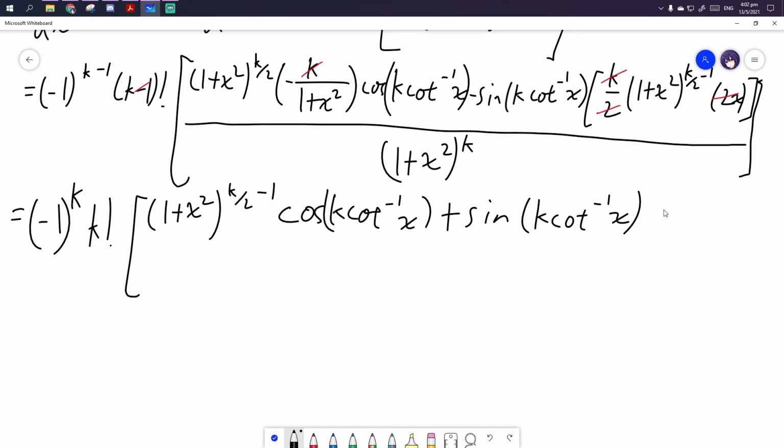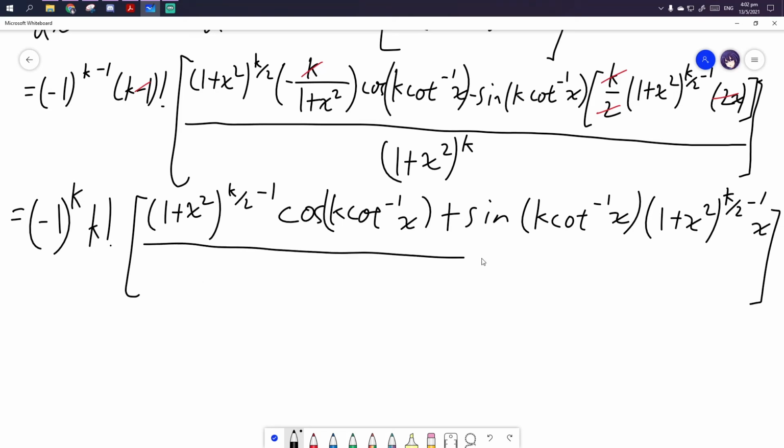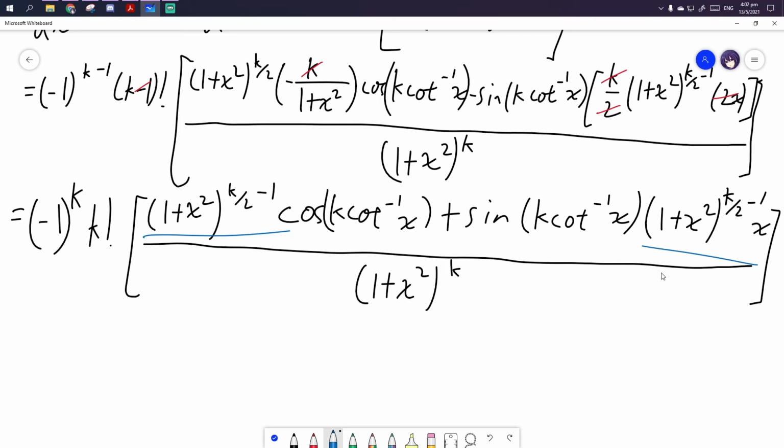Then we have (1 plus x squared) to the k over 2 minus 1, then multiply the whole thing by x, and then this whole thing is divided by (1 plus x squared) to the power of k. Alright, and notice that this and this are common.